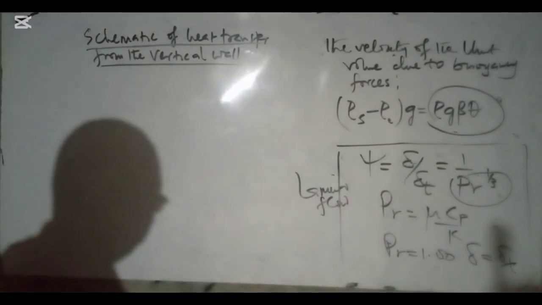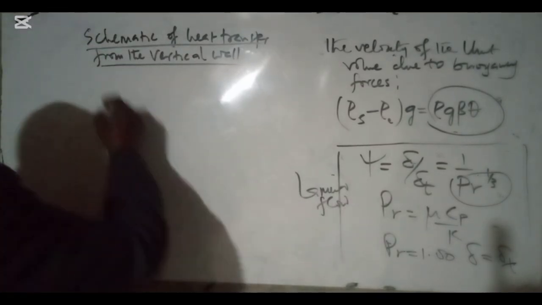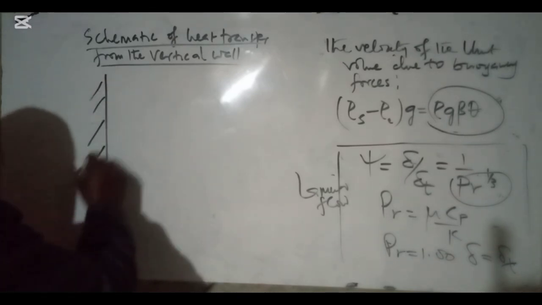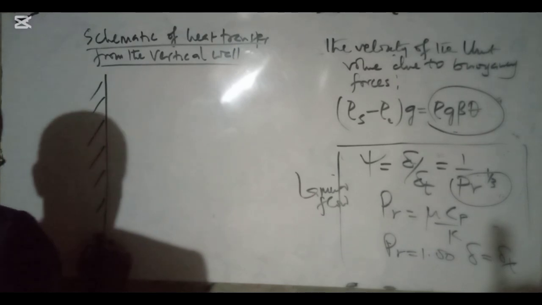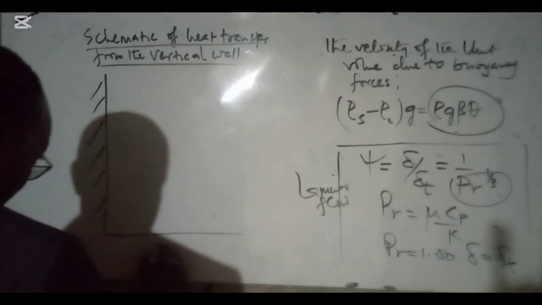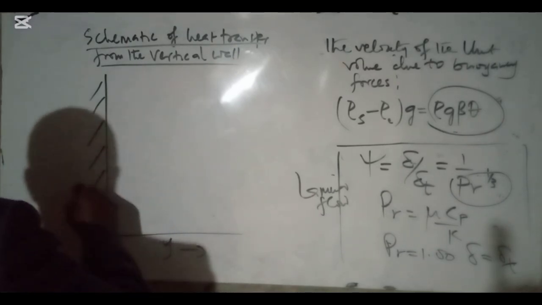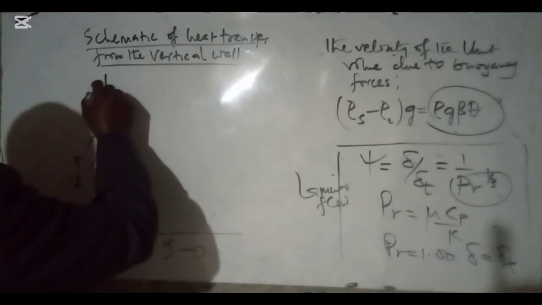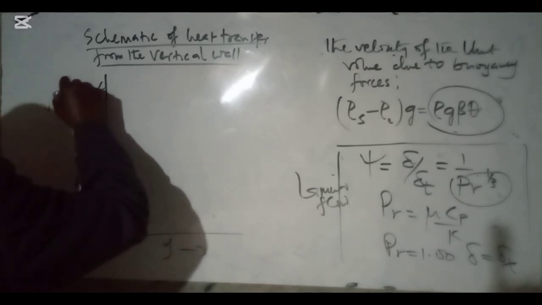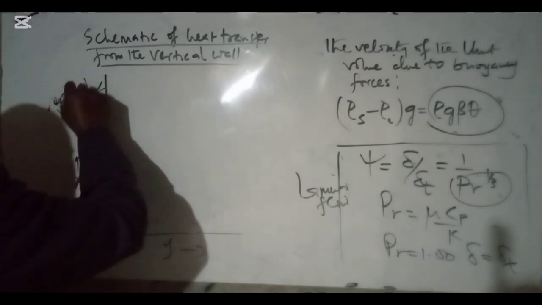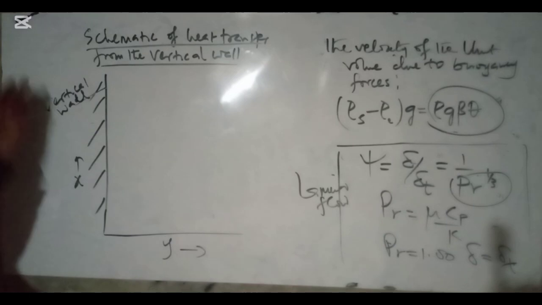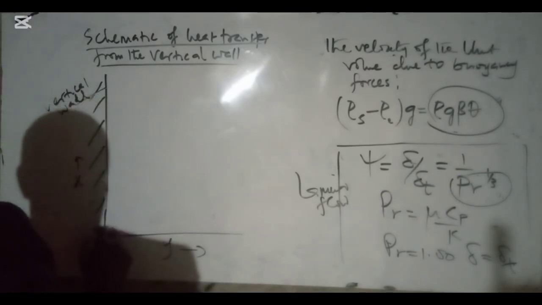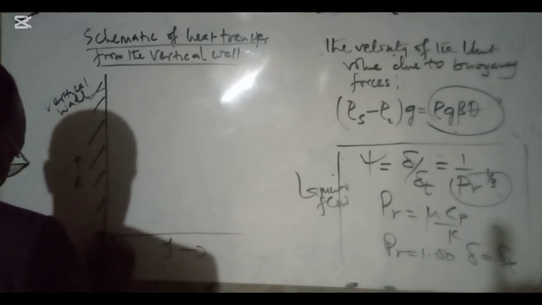Now, when we draw the schematic, we'll have our wall. That's our vertical wall. That's Y. We call this X. So we have our vertical wall, X and Y. And so, what do we have here?